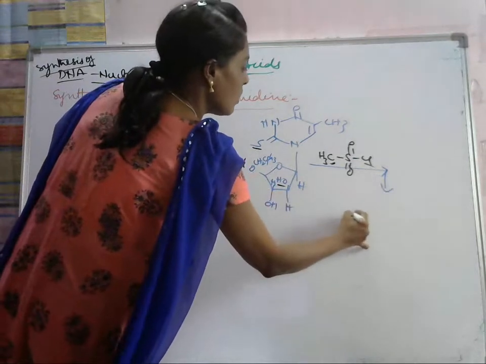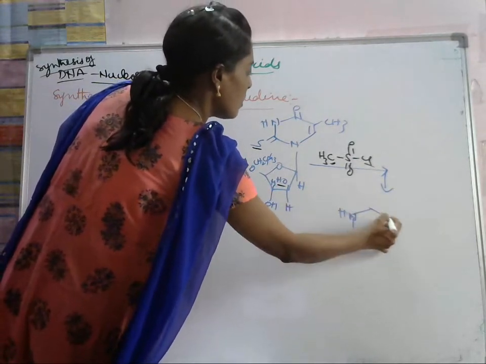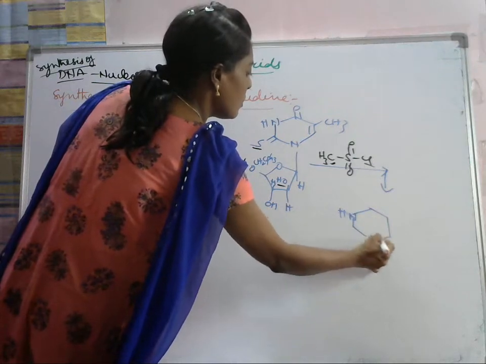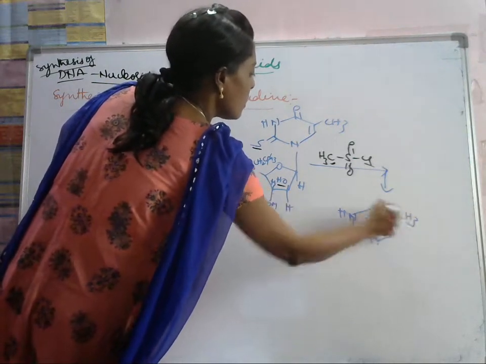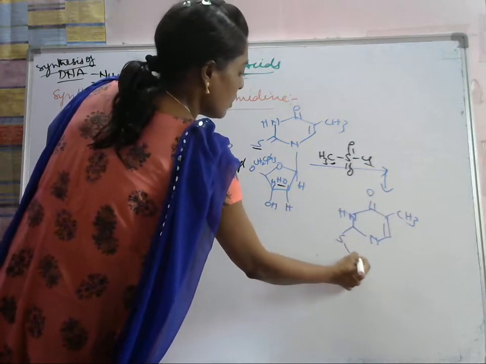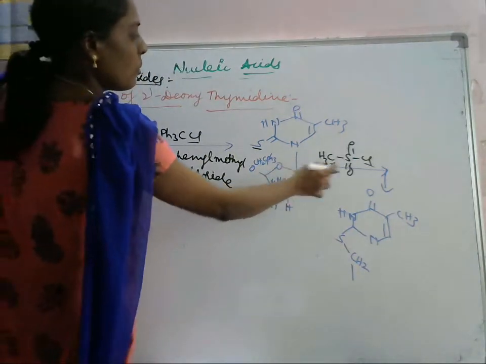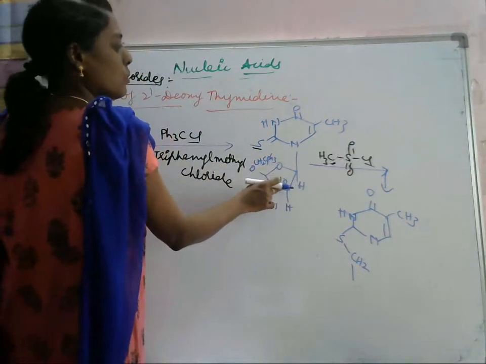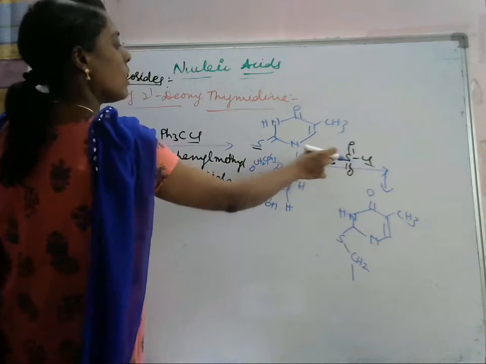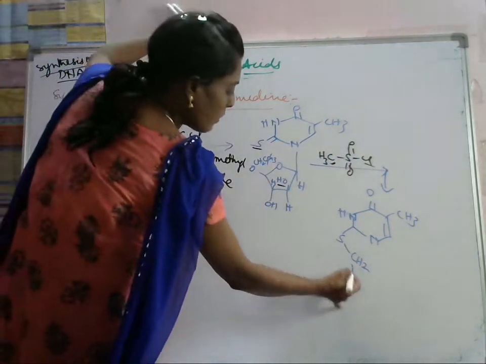Okay, so here nitrogen, here nitrogen, double bond CH3 is there, double bond O, here CH2, and there is an O, meaning a bond is formed between this O and this S, as well as this C2 S. Okay, so let's see how it will be formed.